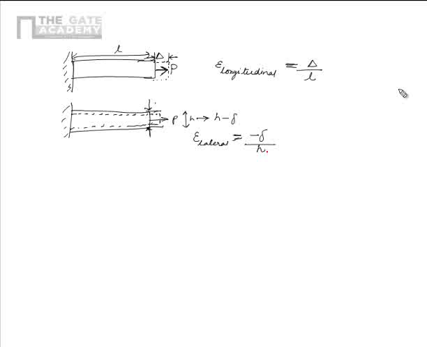And Poisson found out that there was a relationship between the lateral and longitudinal strains, which he termed as Poisson's ratio. And the relationship is that the lateral strain, epsilon lateral, is minus nu times the longitudinal strain, wherein this nu is called Poisson's ratio.